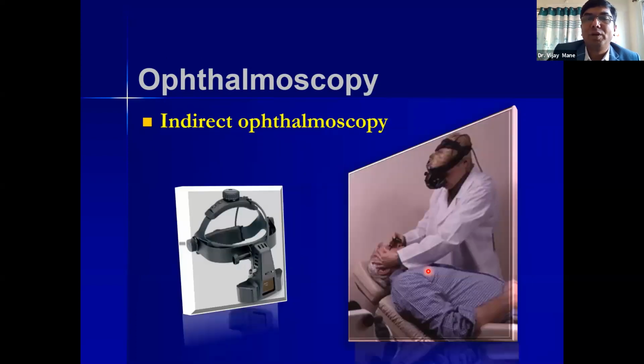A magnified view of the fundus can be seen using indirect ophthalmoscopy, in which a separate lens system is used between the eye of the medical practitioner and the eye of the patient. So a magnified view, but a small field of view, is possible with indirect ophthalmoscopy.